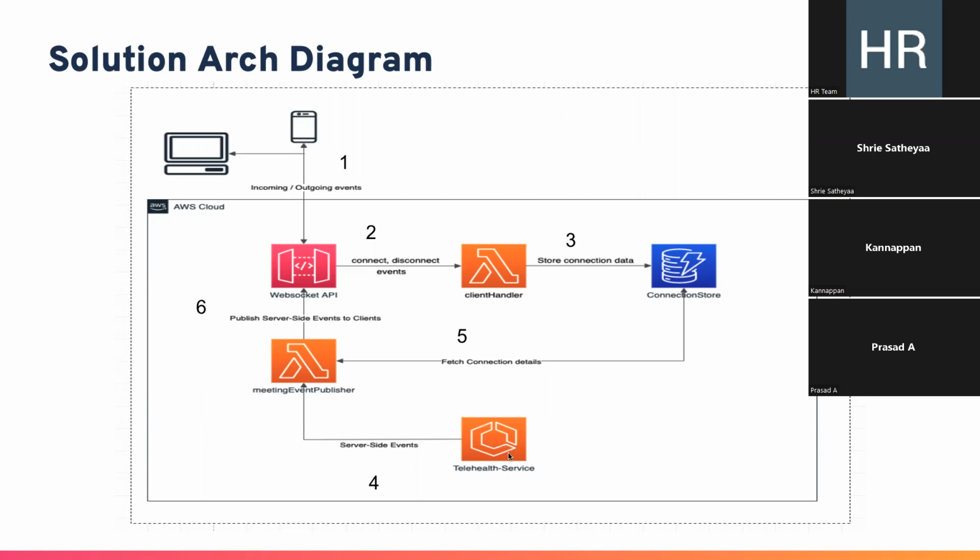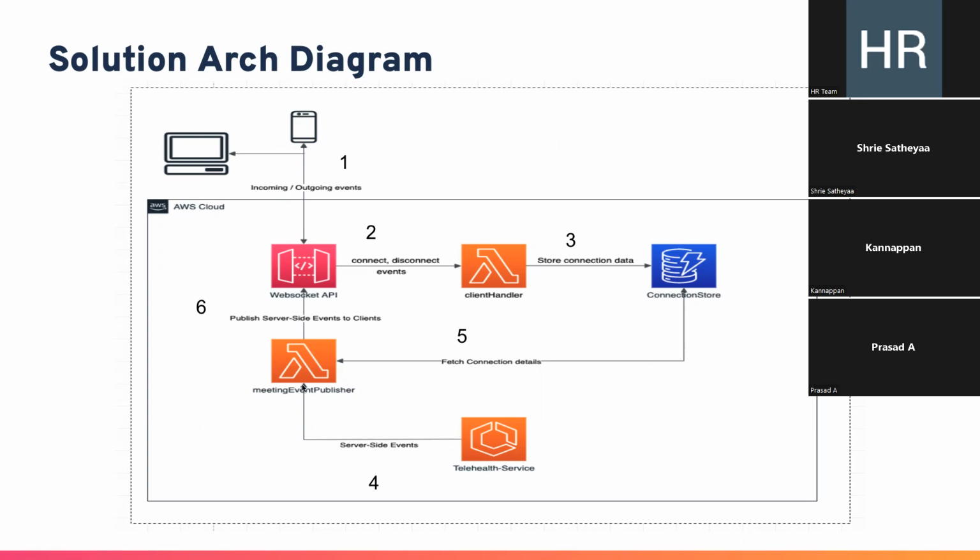Also, the server-side events will be published from our telehealth service and sent to the meeting event Lambda function. This Lambda function is responsible for processing the events and fetching the connection details, such as the connection ID that we get once a particular connection is established. We need that connection ID to post those events to the clients.